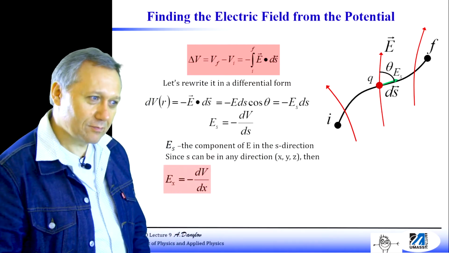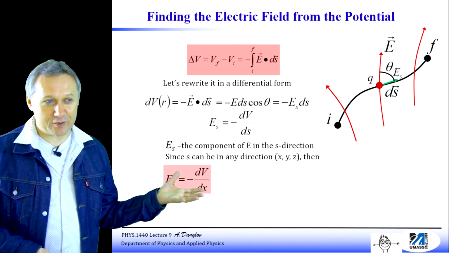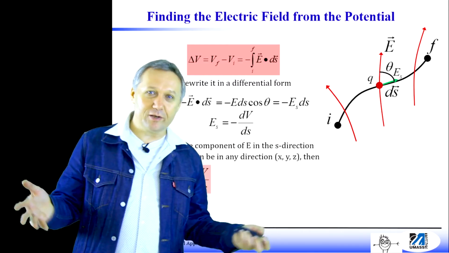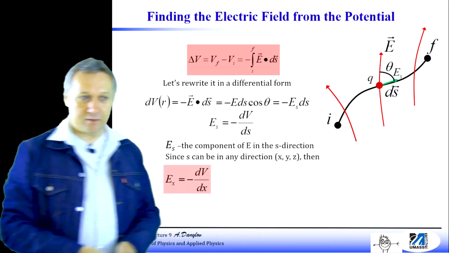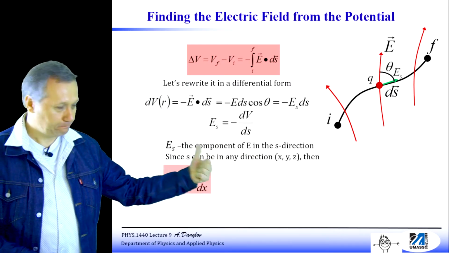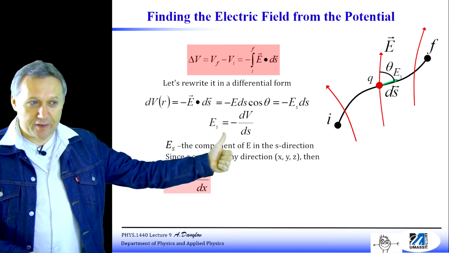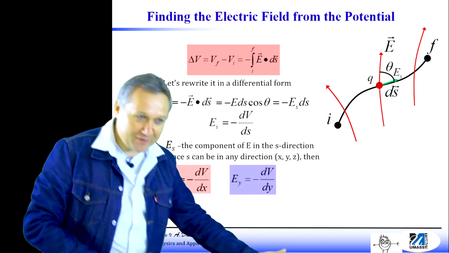It's not wrong. Then, of course, using the same words, I can say, since S is an arbitrary direction, I can align it along the Y direction. And as a result, I can write the formula which can be used to find the Y component of the electric field. E sub Y will be equal to minus dV over dy.